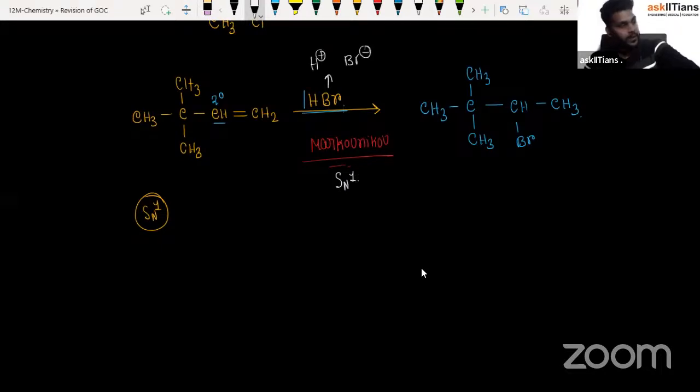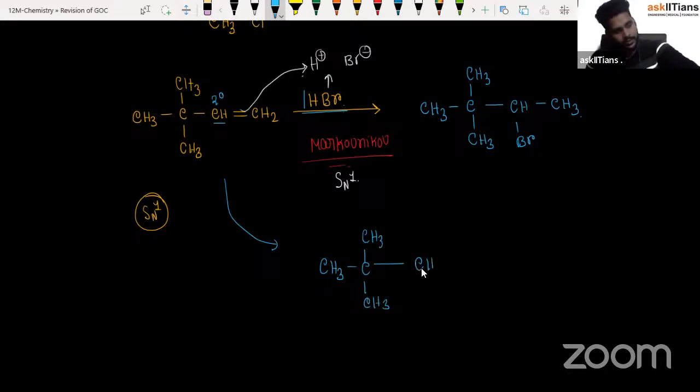Now, the double bond takes the hydrogen as a nucleophilic cation. So what do we get over here then? CH3, C, CH3, CH3, CH plus single bond, CH2, as the double bond has taken hydrogen, so we get this molecule.